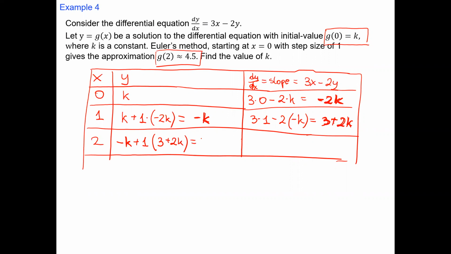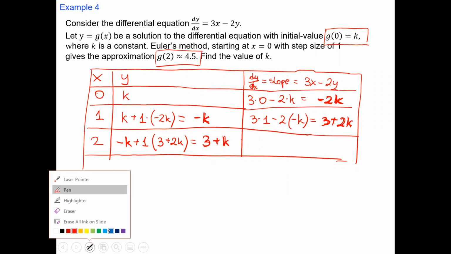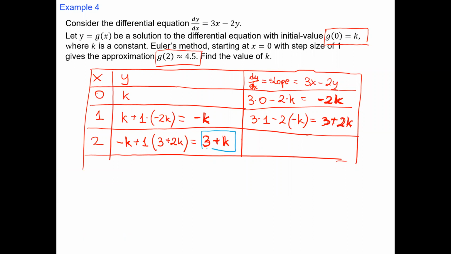And then we will have 3, 1 times 2k, 2k minus k is just k. Okay, 3 plus k. And what we know, I mean, I can still compute slope, but of course I can stop here because this is telling me that g at 2 using my k value is 3 plus k.